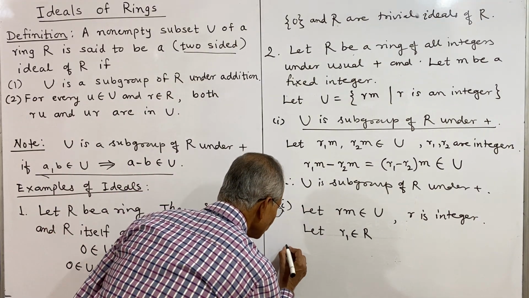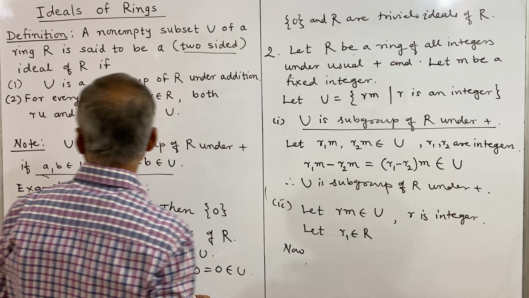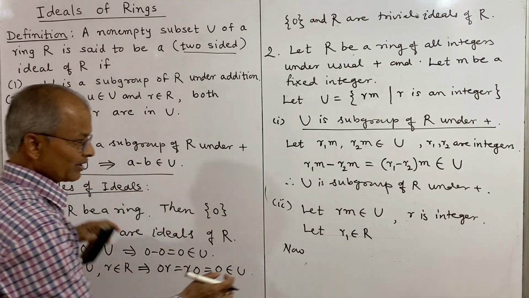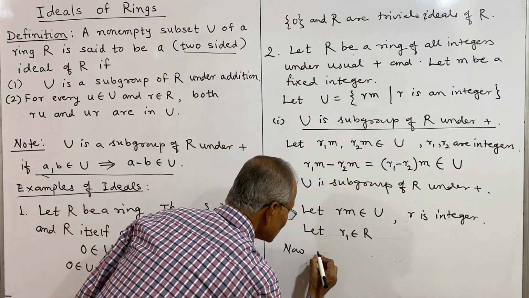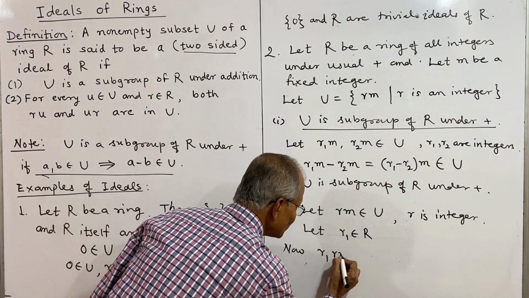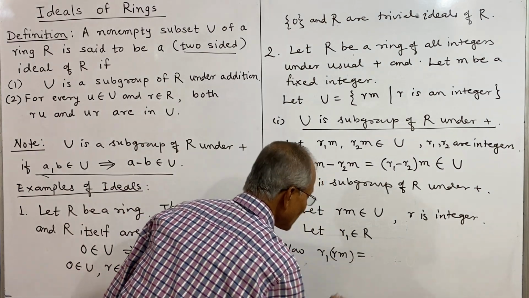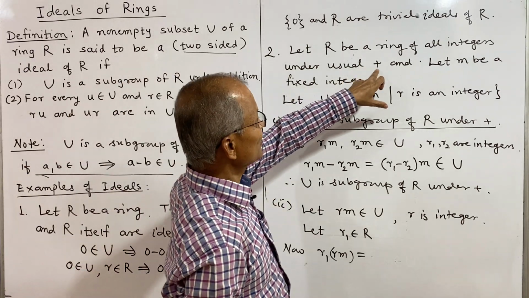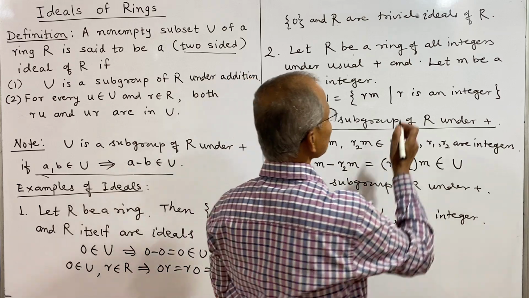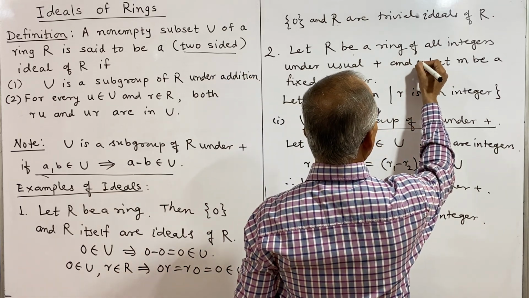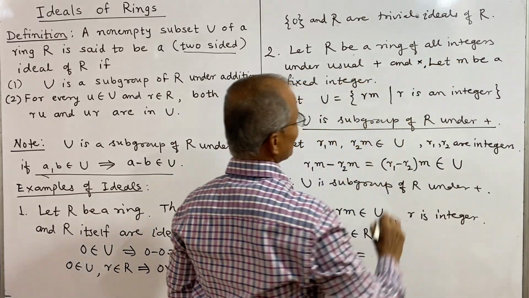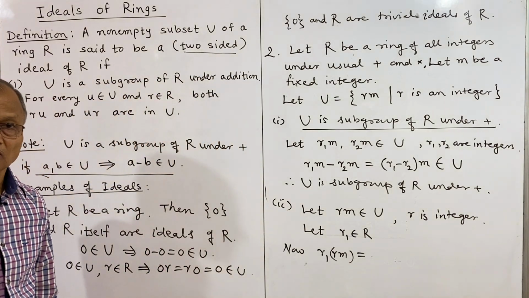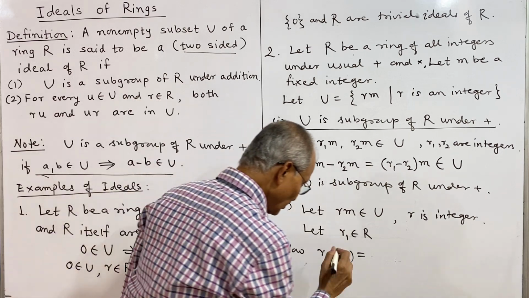Now, we may consider first r into u, an element of R and an element of U. The element of R we have taken as r1. So r1 into rm, this is, and this is a ring of integers under usual addition and multiplication, and we know that usual multiplication is commutative and also associative.